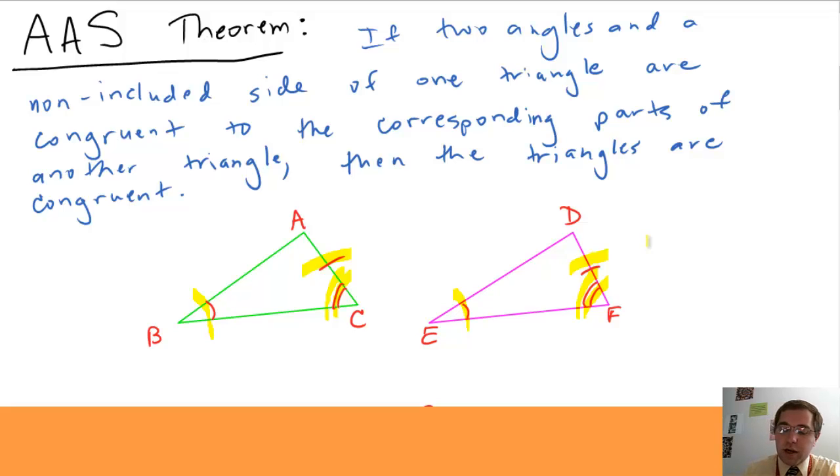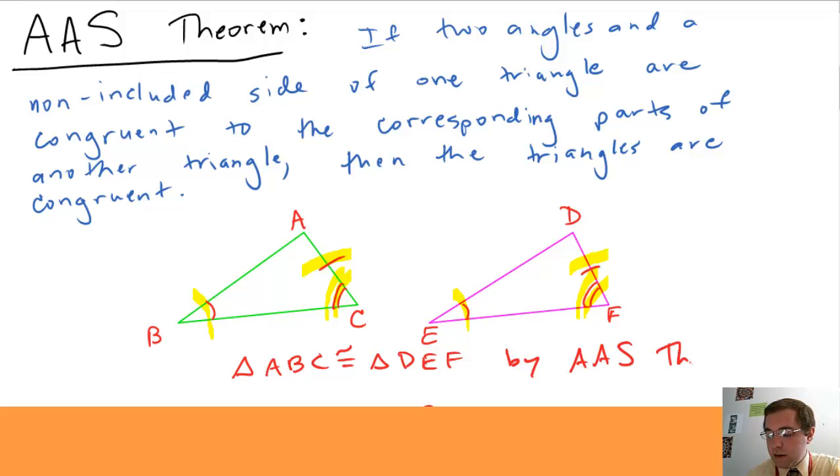So I know these 2 triangles are congruent, and I can say triangle ABC is congruent to triangle DEF by the angle, angle, side theorem.